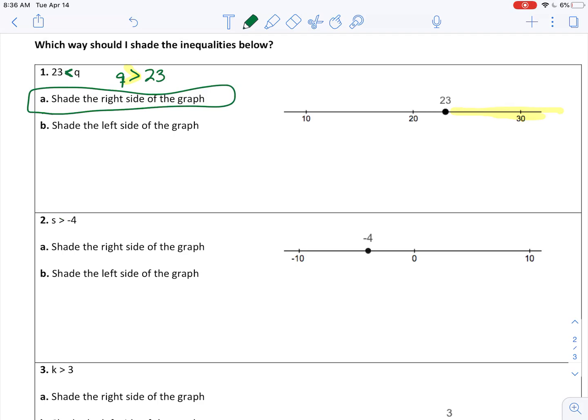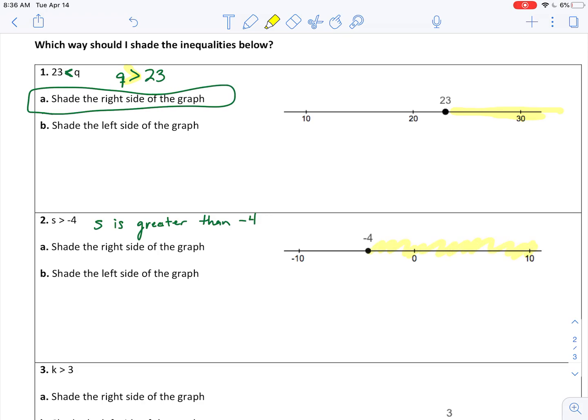Now in number 2, s is greater than -4. Well, my variable's already on the left, so that's good. I don't need to change that. Then which way is my arrow pointing? It's pointing to the right. And this says that s is greater than -4.